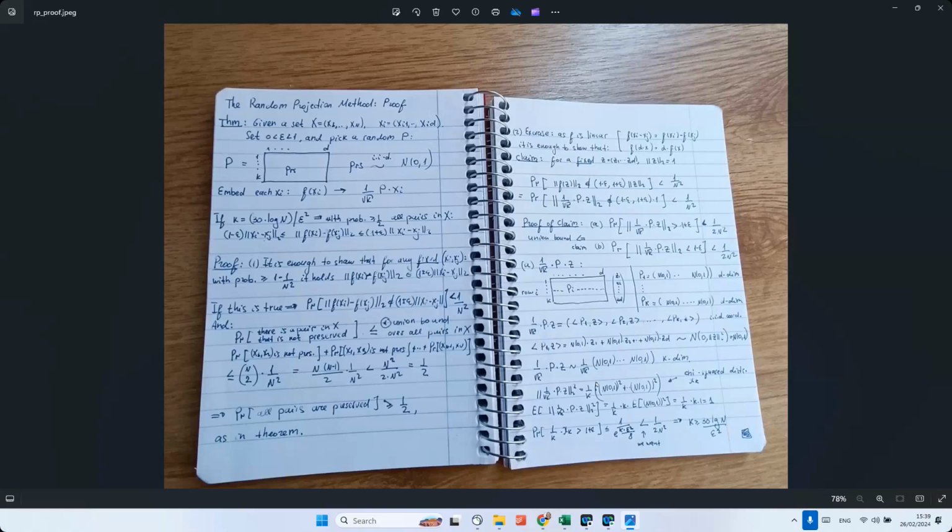So this is essentially the concentration of measure of the chi-square distribution with k degrees of freedom, which is possible to prove using simpler concentration inequalities. But let's take it as granted.